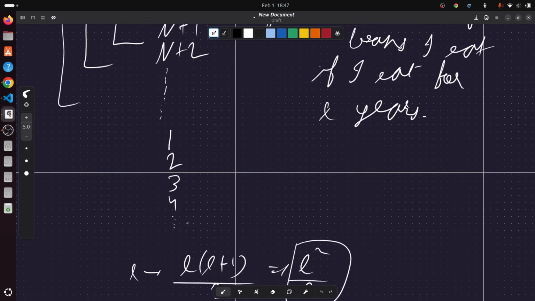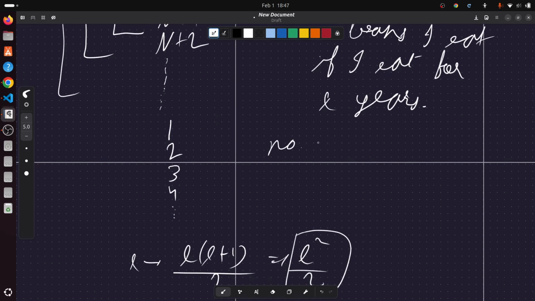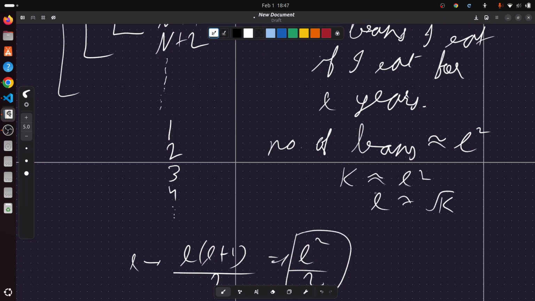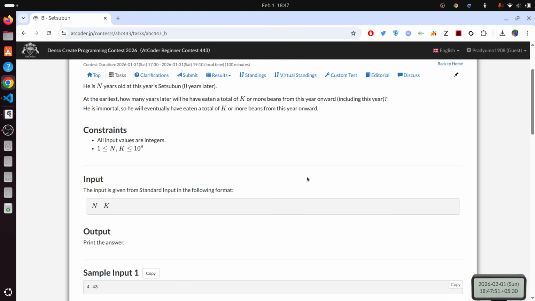right? Like if my number of beans is approximately equal to L square, and I want this to be k, so k is equal to L square, so L would be equal to square root of k, right? So only in square root of k amount of time, like only in square root of k years, we would be able to eat that many beans.